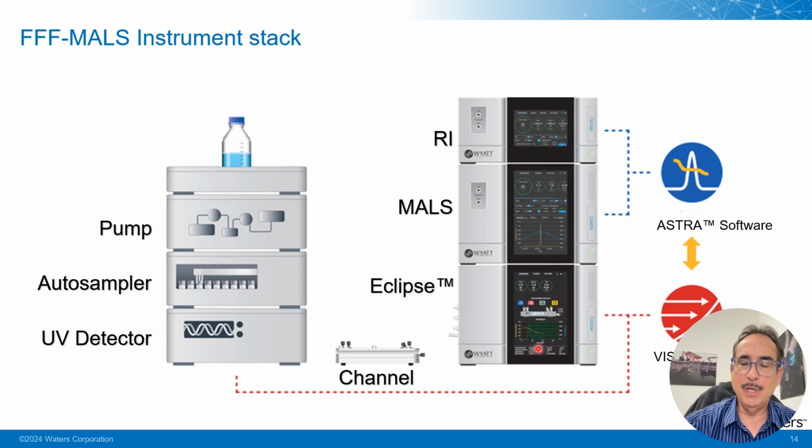And then it's coupled to an analytical chain, in this case the Eclipse fractionator that drives the fractionation on the channel. After it's been fractionated, the sample goes into a multi-angle light scattering instrument and a refractive index detector. It's collected with our Astra software and our Vision control software for doing the fractionation, and that does the separation and the analysis in one integrated system.